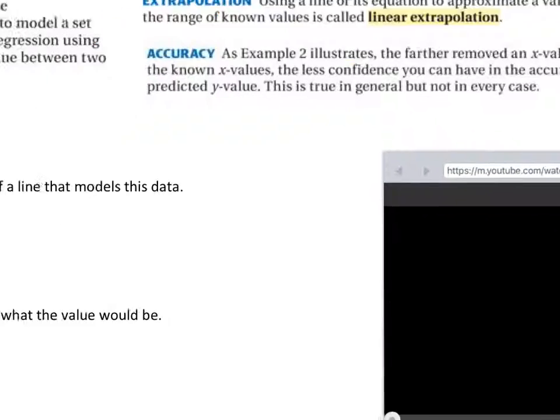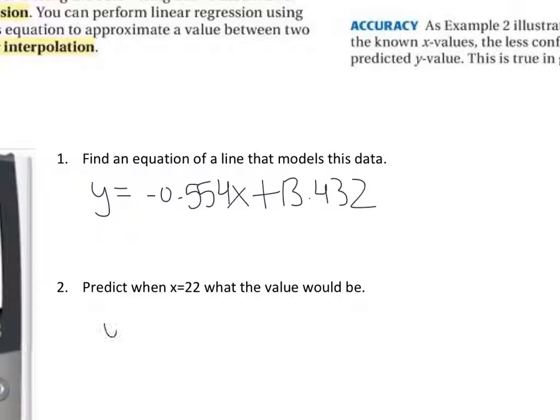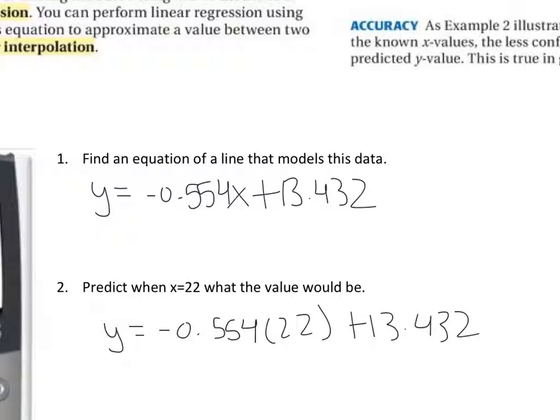All right, so it says, find the equation of the line that models the data. So if you did that, you should have gotten y equals negative 0.554x plus 13.432. We're just rounding. Then it says predict when x is 22. So you would say y equals negative 0.554 times 22 plus 13.432.